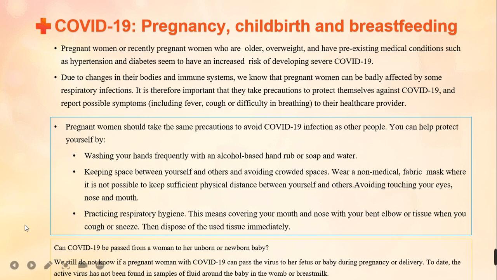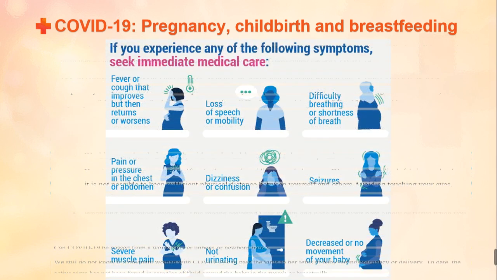So it is not transmitted via blood, umbilical cord or breast milk to date. You can be sure that it won't be transmitted in such a way, but it can be transmitted if you are not taking the proper preventive measures. Better not to get affected with COVID-19.